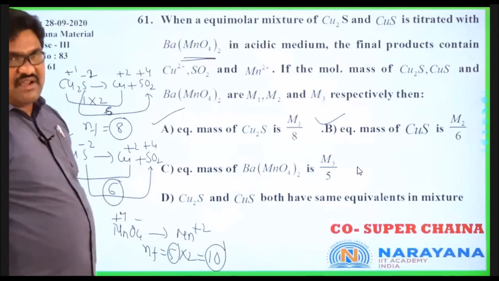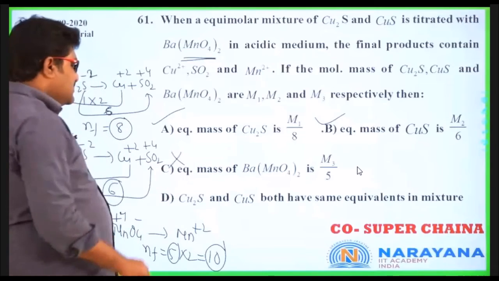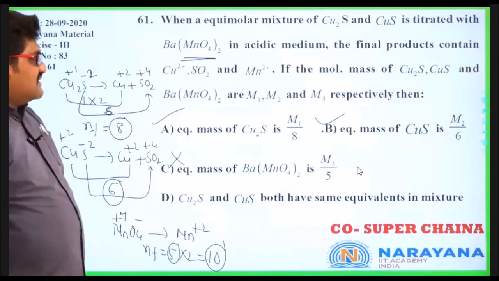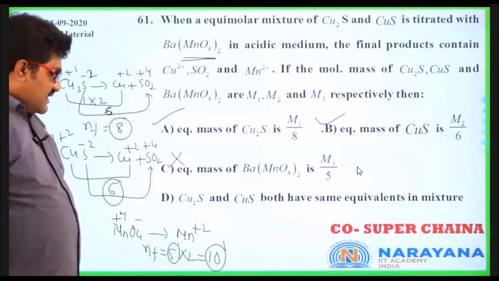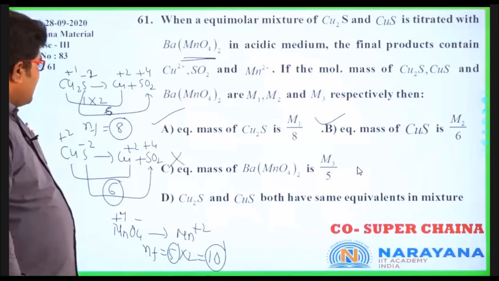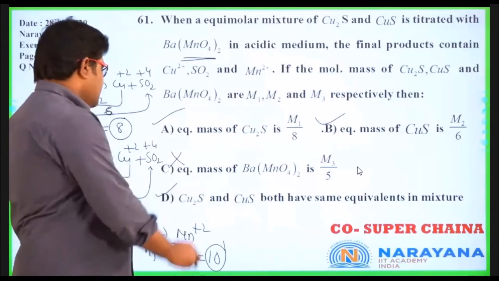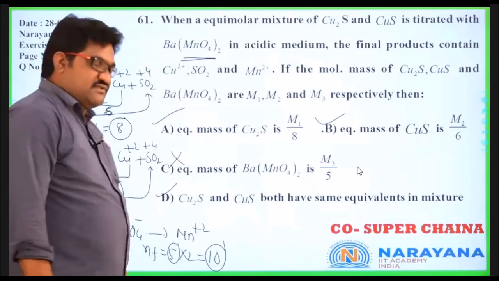So this is not correct. Cu2S and CuS both have same equivalents in mixture. Okay, same equivalents in mixture. But number of equivalents is same. D is also correct. Let us go for the next one.